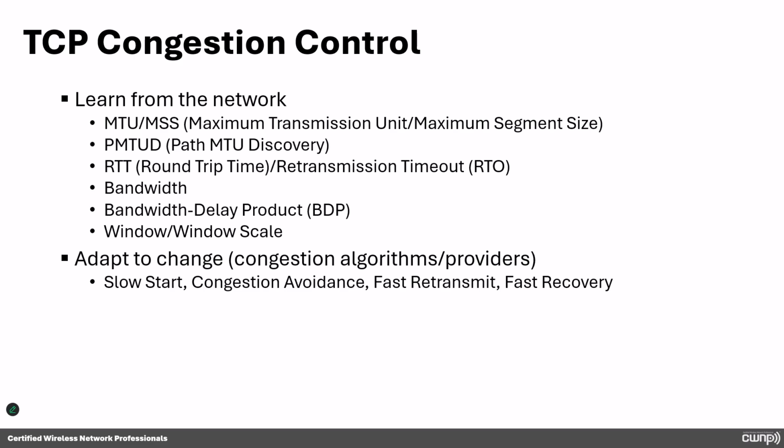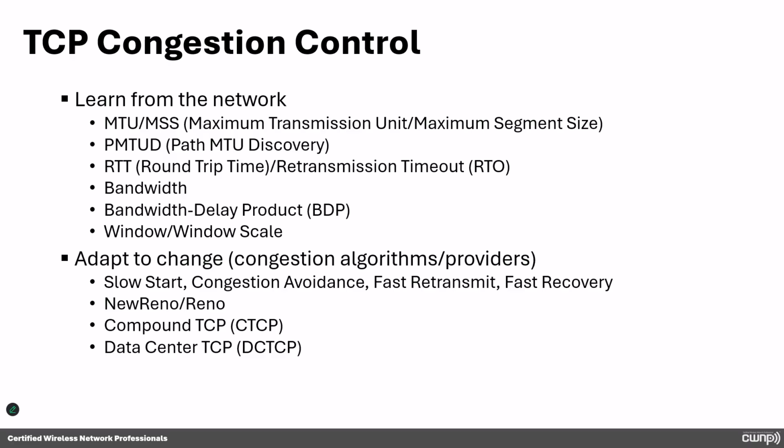Now, in addition to these minimal requirements of the standards for TCP, you have congestion algorithms that define this congestion avoidance part more specifically, like Reno and New Reno, compound TCP or CTCP, data center TCP, that's a Microsoft one, Cubic and BBR that Google gave to us and so forth.